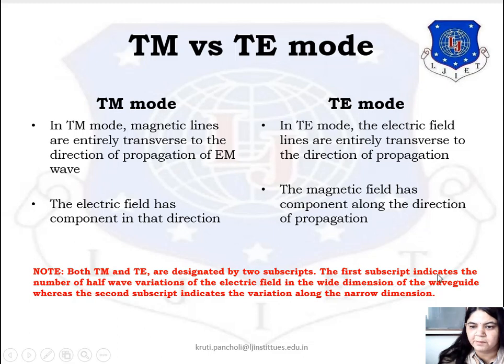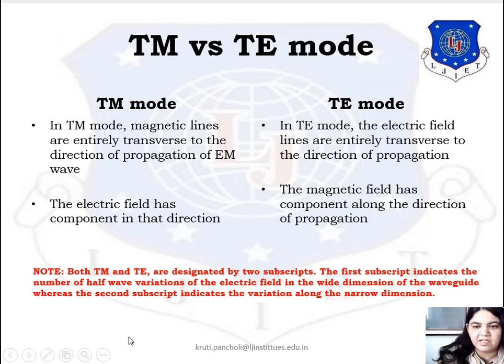What does the first subscript indicate? The number of half wave variations. If it is written as 10, then the 1 means variation of the electric field in the wide dimension of the waveguide, and the second indicates the variations along the narrow dimension.